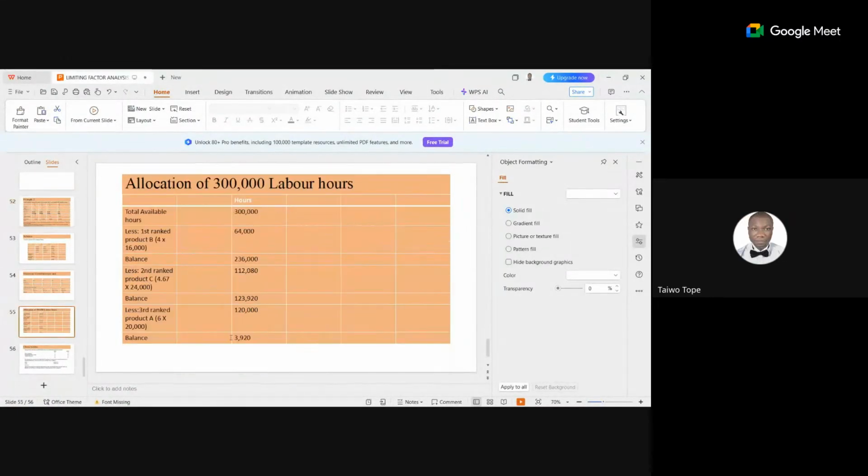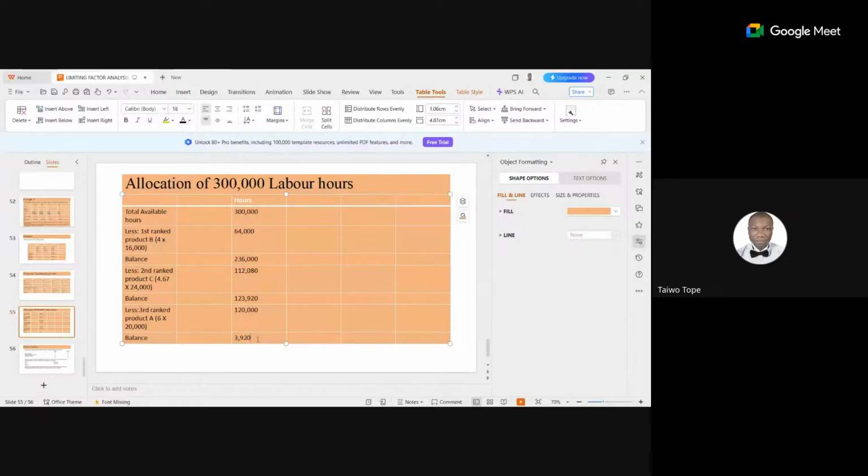But we don't have the 60,000 hours. We only have 3,920. So how many units of product D can we produce? Based on 653 units.